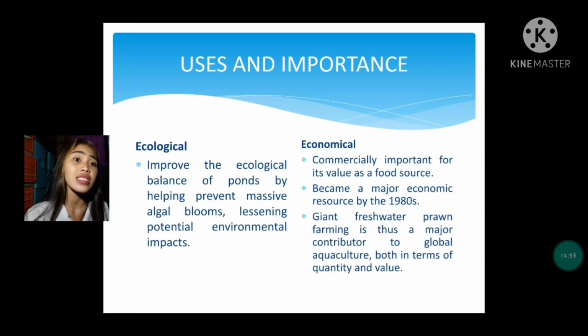The next is economical. It is commercially important for its value as a food source. It became a major economic resource by the 1980s. Giant freshwater prawn farming is thus a major contributor to global aquaculture in terms of both quantity and value.